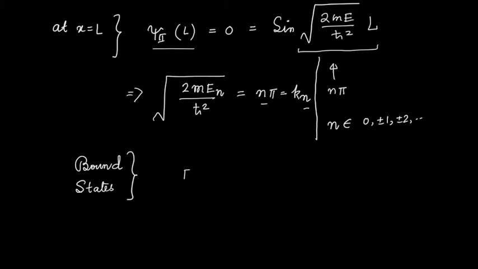So let me write En, which is the energy. What will it be? n square pi square h cross square by 2m. So these are the energies of the bound state. These are the energy eigenvalues.